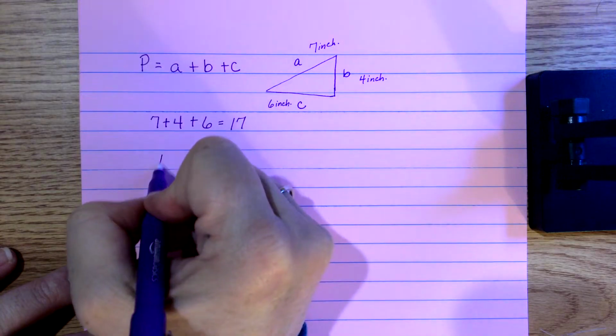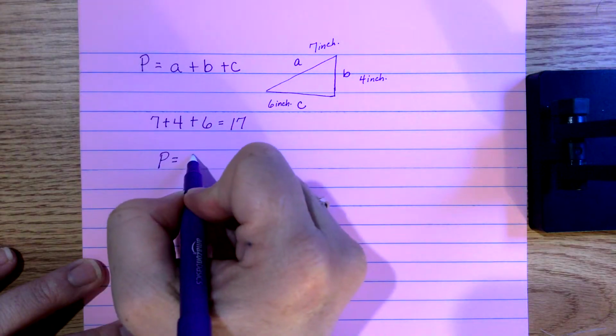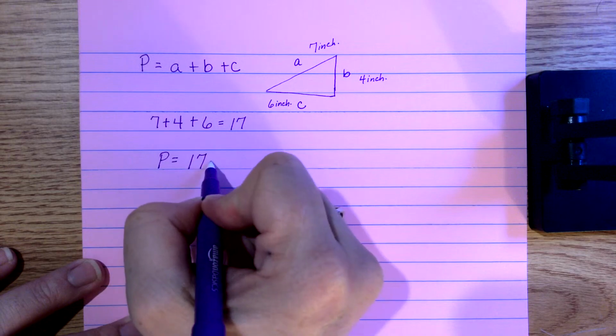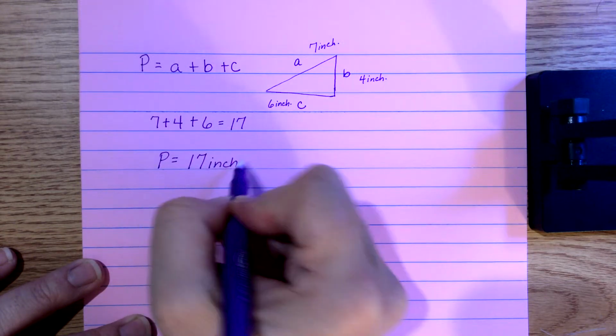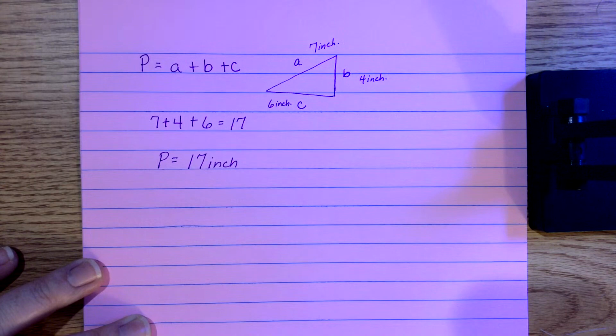So the perimeter of this triangle equals 17 inches. Finding the perimeter of a triangle is relatively easy.